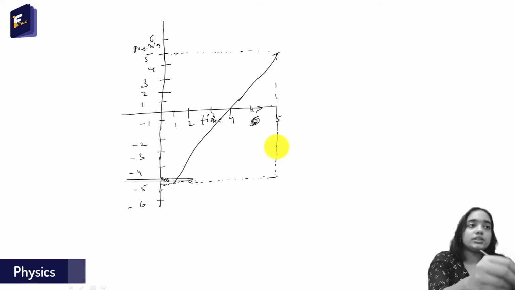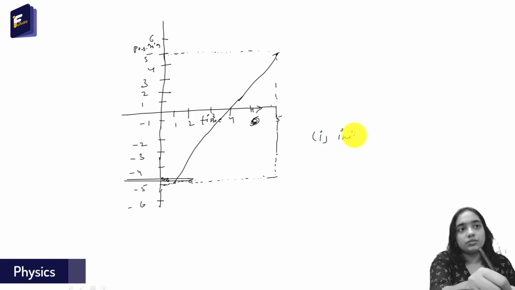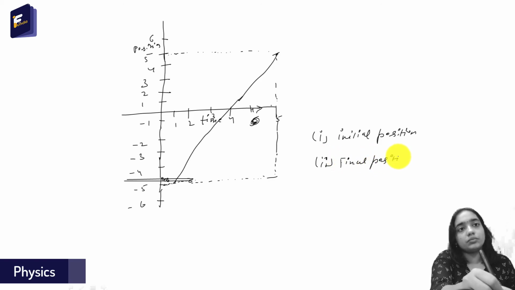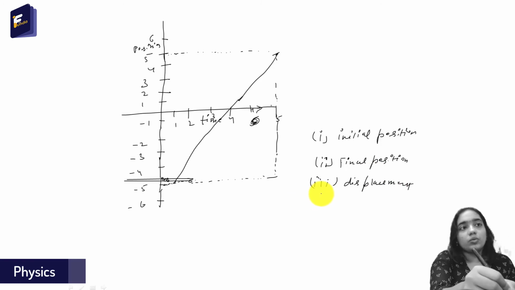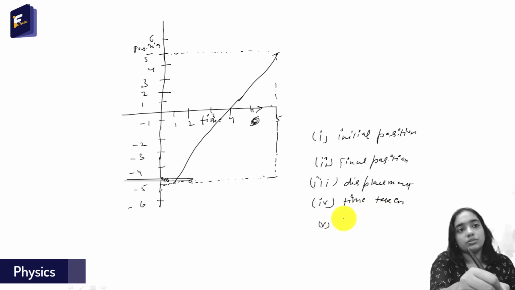So you have to tell me what is the initial position of the particle. You have to read this graph and tell me the initial position of the particle, what is the final position, then what is the displacement, what is the time taken, and then what is the velocity.